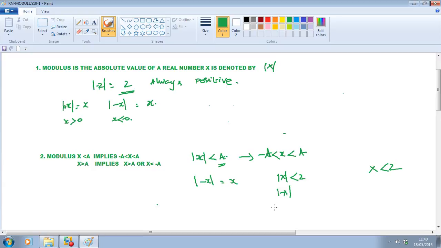In minus x, what is less than 2 here? Minus 3 is less than 2, minus 4 is less than 2.